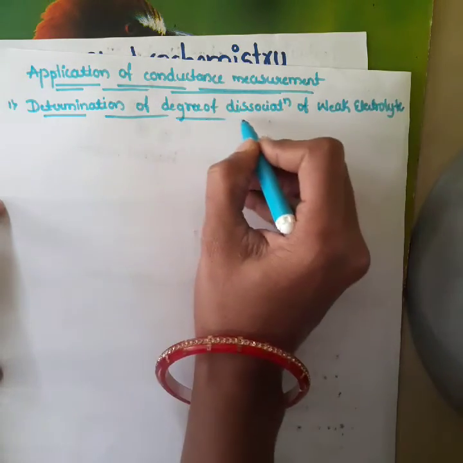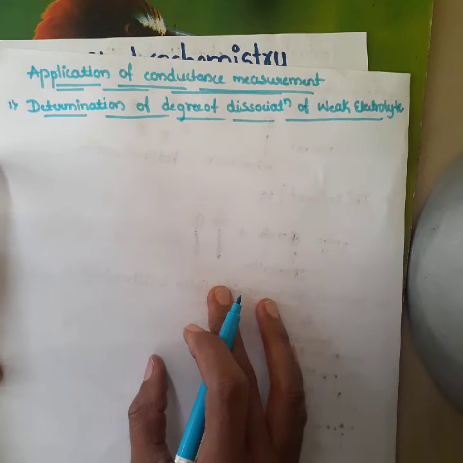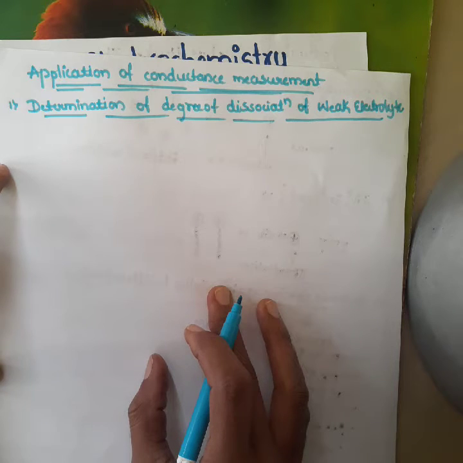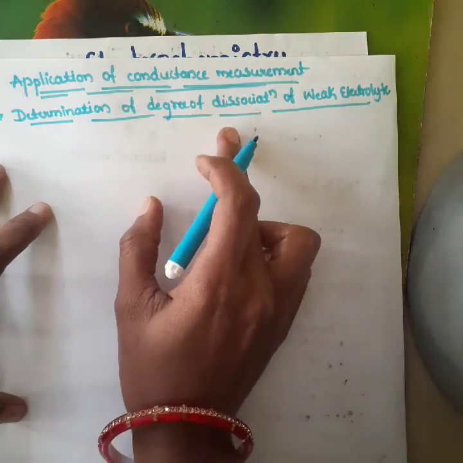Scientists did experiments by taking a weak electrolyte to see how much it dissociates. Degree of dissociation means the compound or solution we are taking; a weak electrolyte dissociates slowly. That will indicate the degree of dissociation.